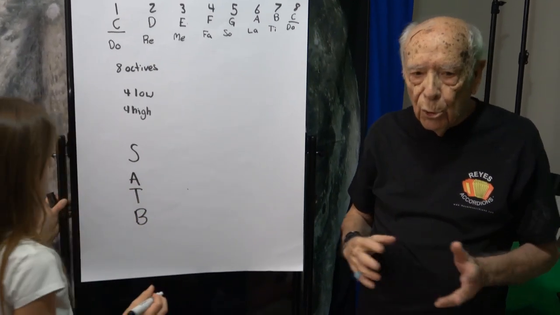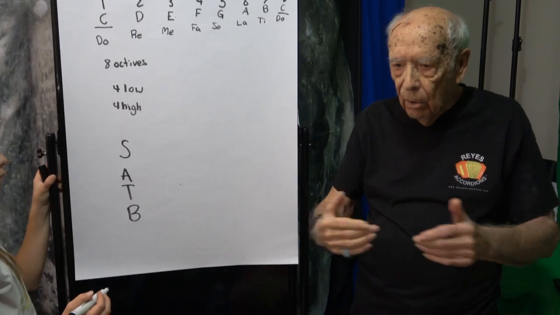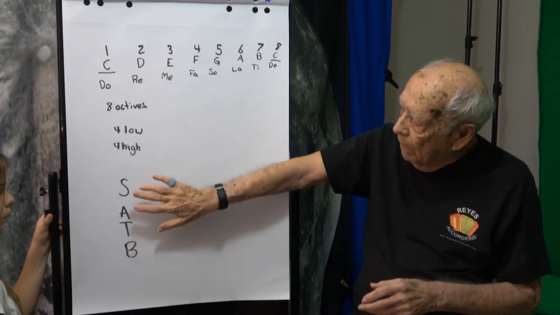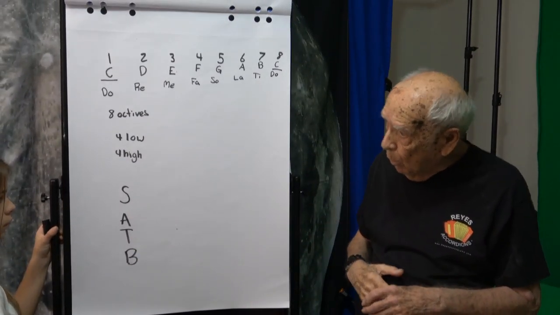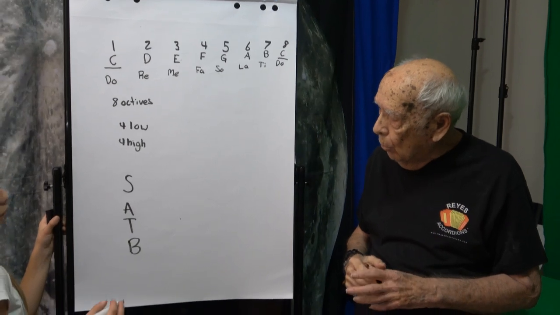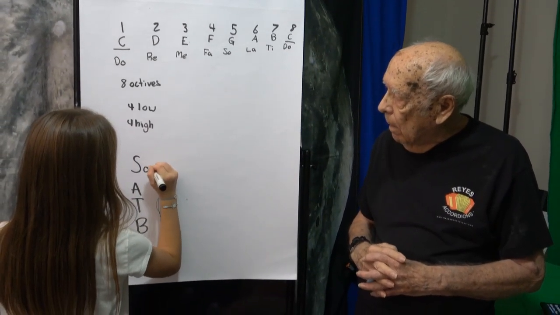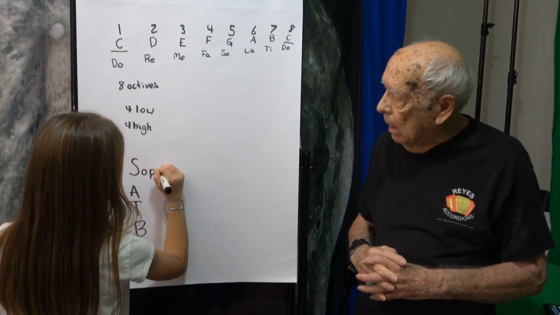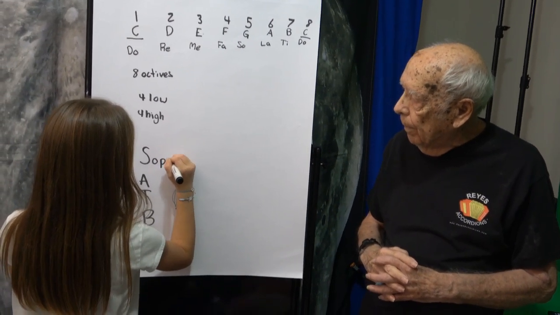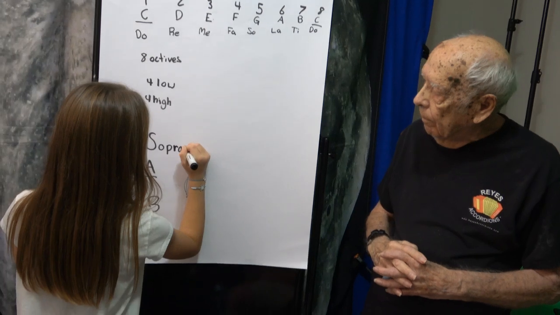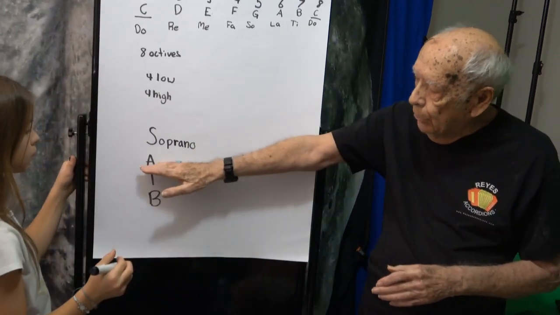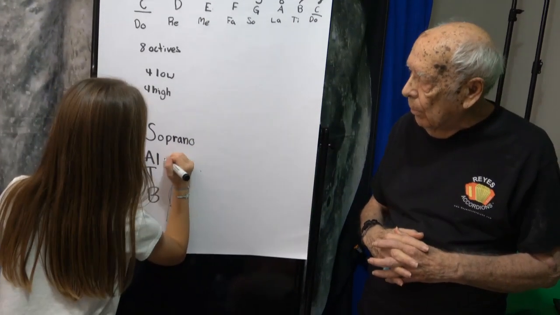Most people who go to church and in our Romance language will probably know that means soprano. Soprano, now how to spell it? S-O-P-R-A-N-O. Alto, A-L-T-O.